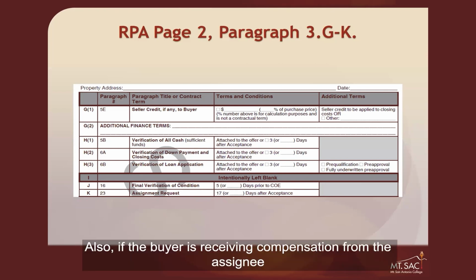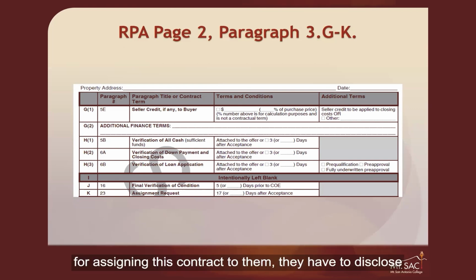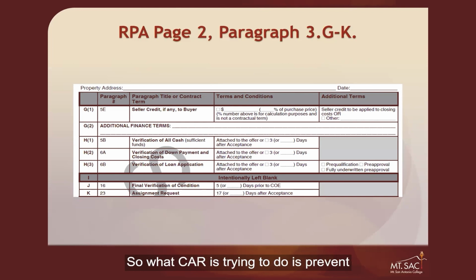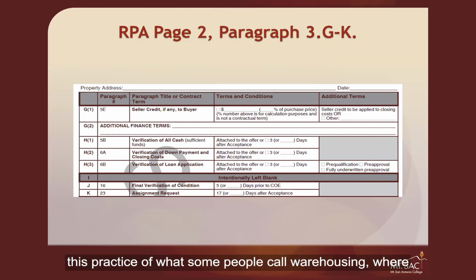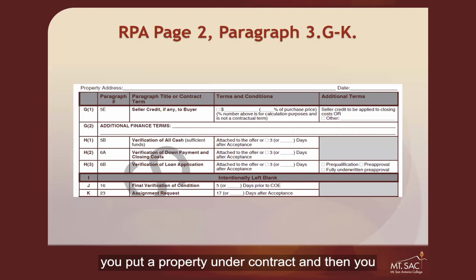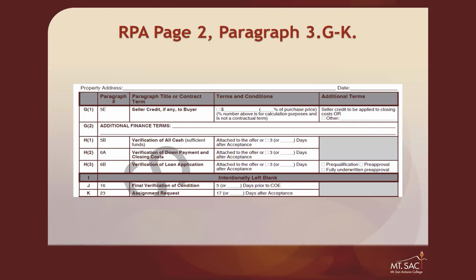Also, if the buyer is receiving compensation from the assignee for assigning this contract to them, they have to disclose to the seller how much money they're receiving. So what CIR is trying to do is prevent this practice of what some people call warehousing, where you put a property under contract and then you try to sell your rights to somebody else.